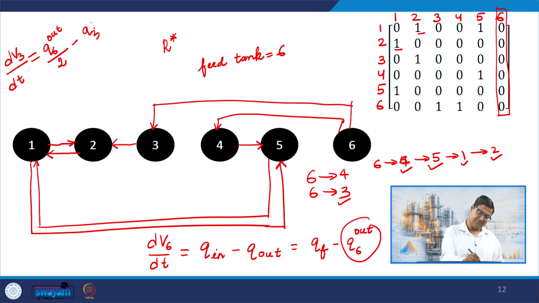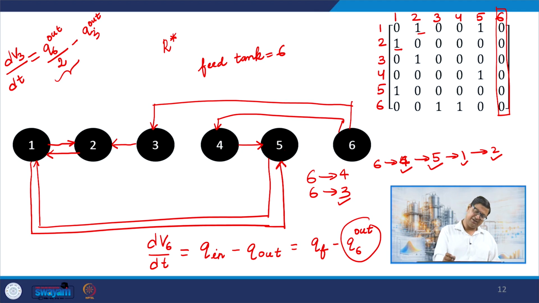Whatever is coming out of 3 is q3 out, right? And similarly, I can go ahead and write the equation for all the volumes. Keep in mind that once this V3 gets full, once the third tank gets full, then my input term here will basically go to 0, because now there is no fresh input coming in there, and that also has to be accounted for.